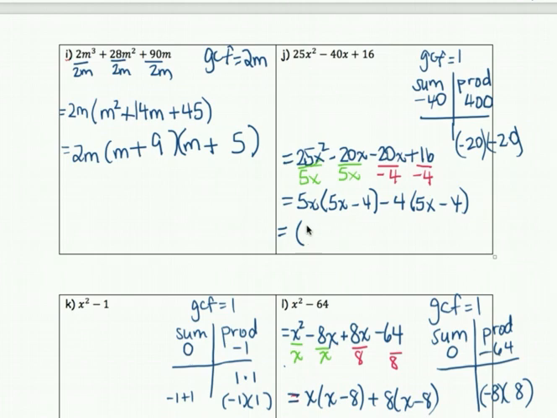So they both have this one in common, and that left a 5x minus 4 as well, which is the same. So we can rewrite it, and then write it simplified. Since they're both the same, we can make it all squared.